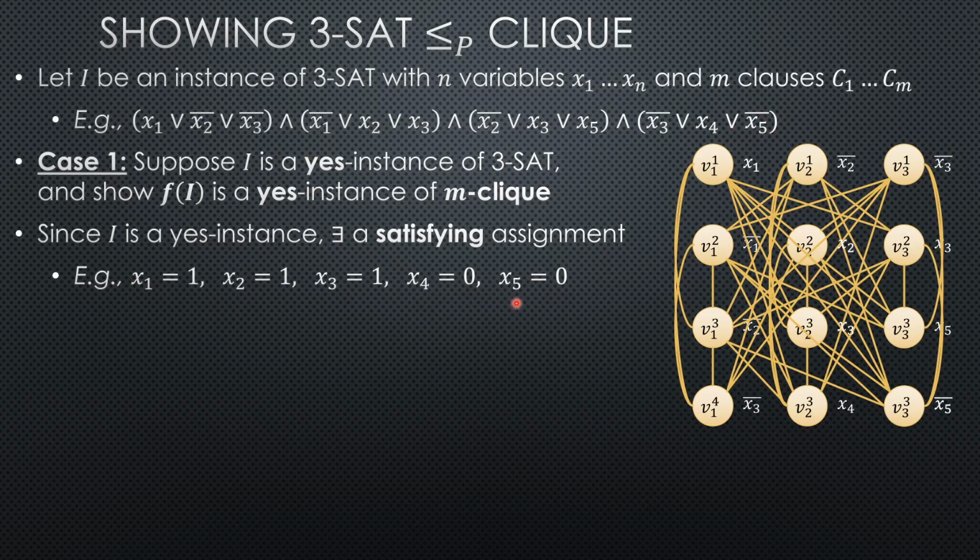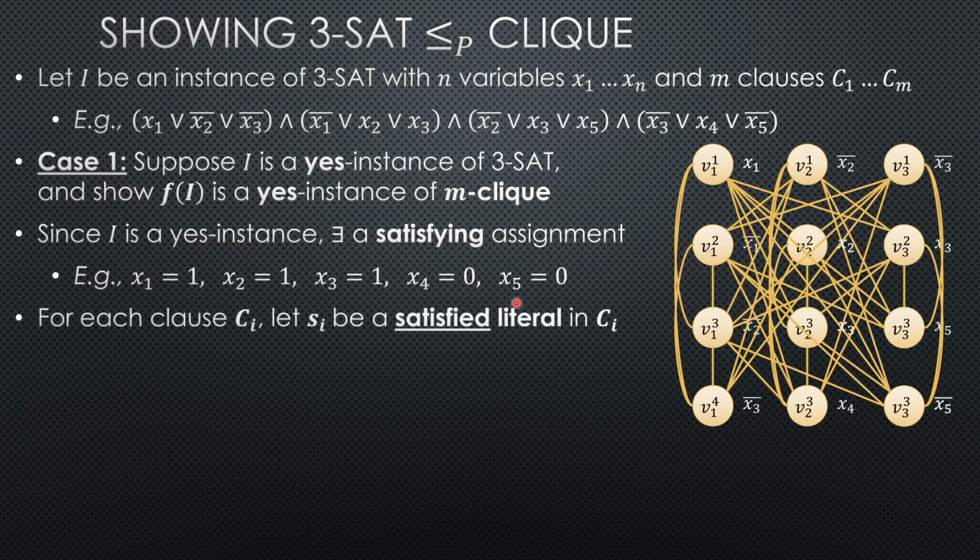One must exist simply because we've supposed I is a yes instance. So consider such a satisfying assignment. That satisfying assignment satisfies the whole formula. So it satisfies all the clauses, which means for each clause, it satisfies some literal. We will call that literal for clause Ci, we will call that literal Si.